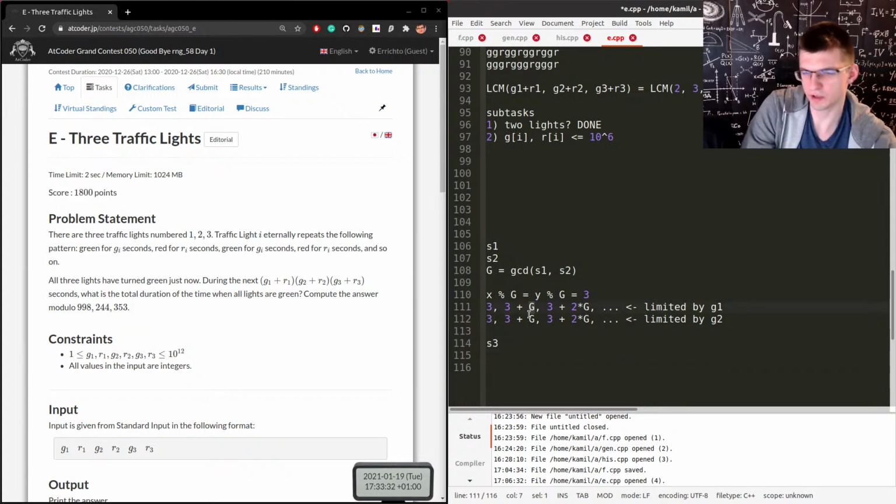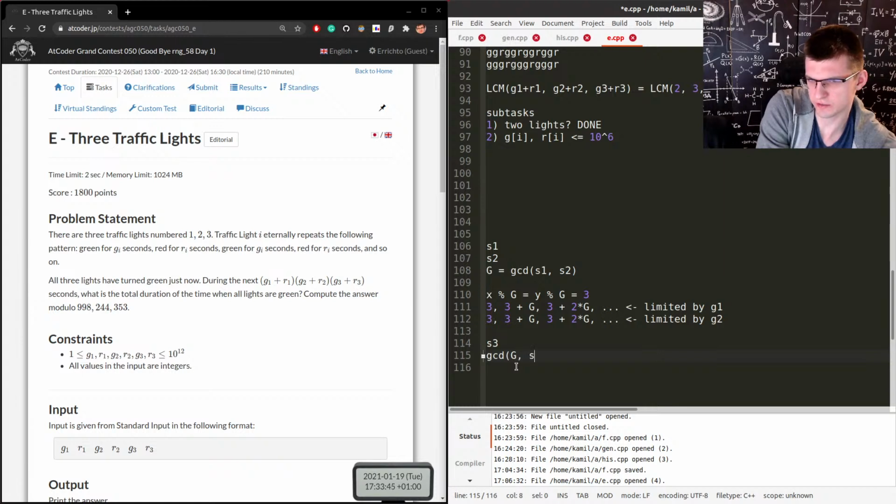Then we increase 3 by G. Okay, I think what matters here is the GCD of G and S3. So what's the cycle? When we add G modulo S3, then what is happening? Let's call it G prime.